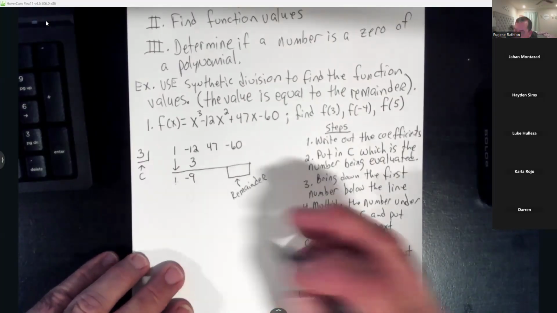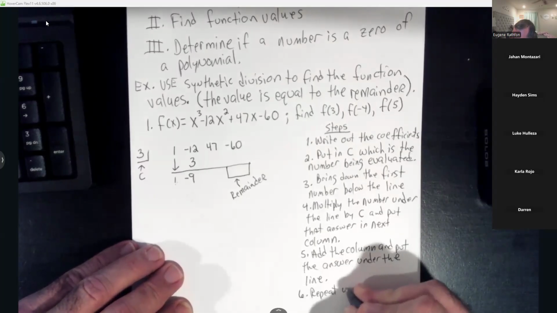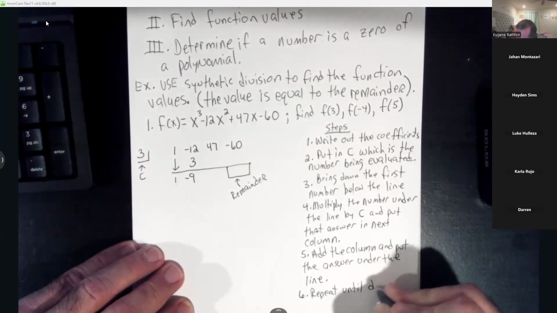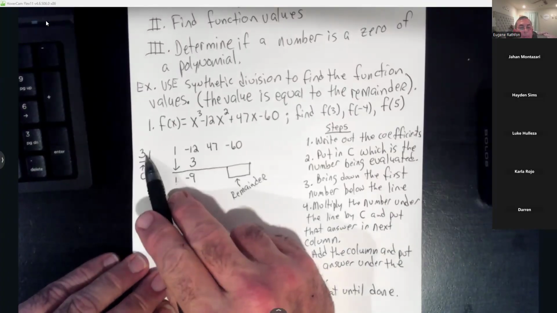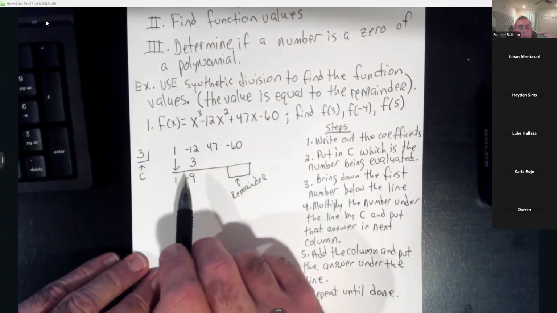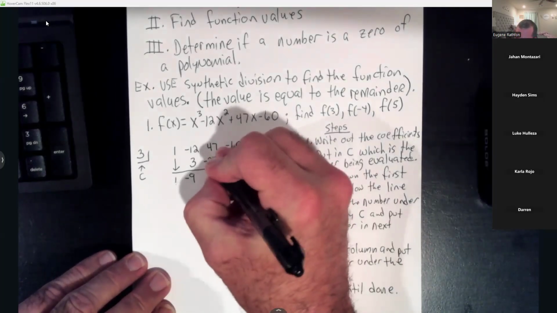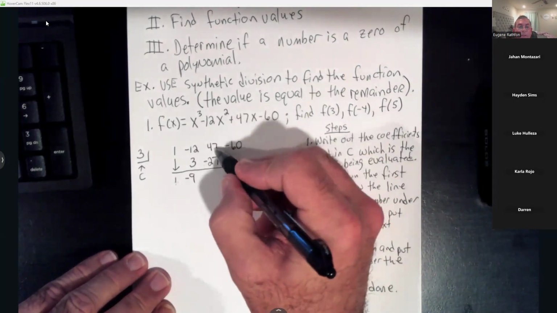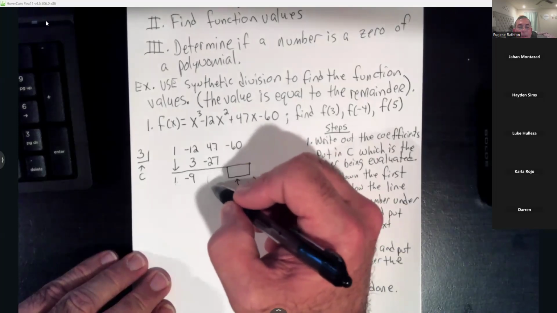Now I'm going to repeat the process until done. So any number under the line gets multiplied by C and goes to the next column. So negative 9 times 3 is negative 27. 47 and negative 27, we're going to add that and put that answer here.